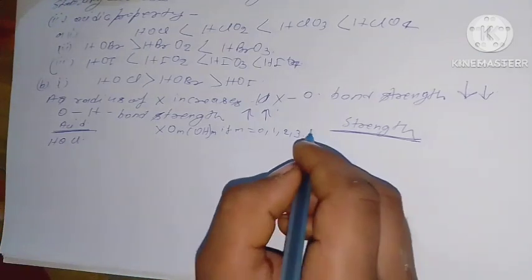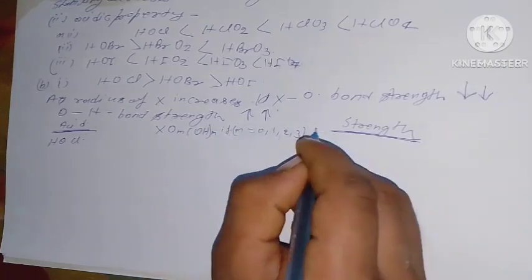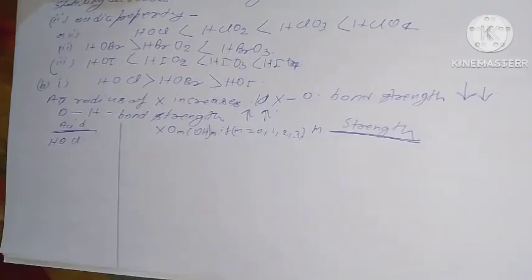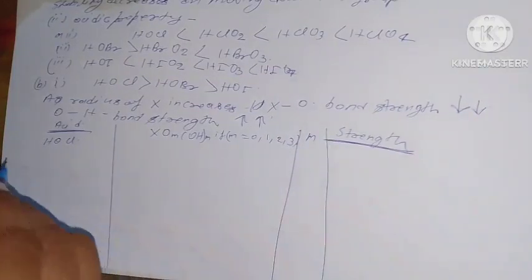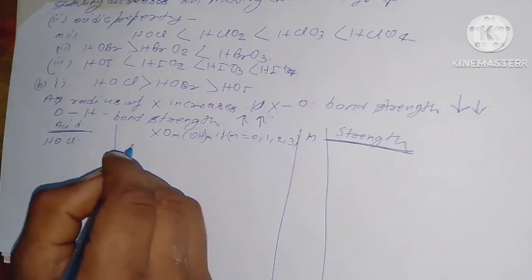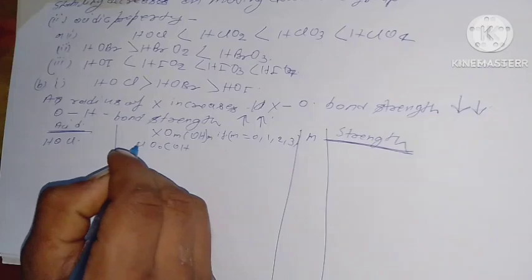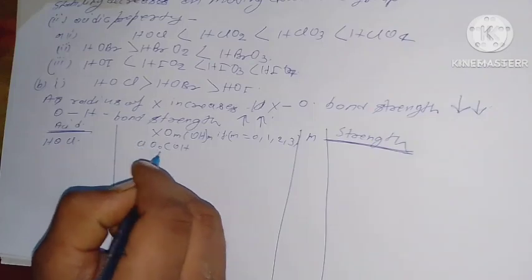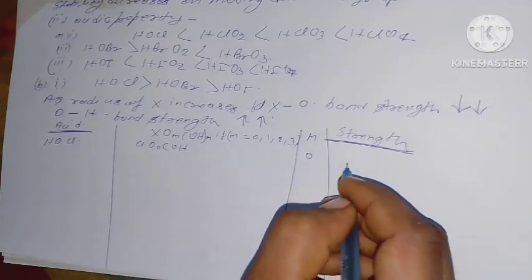Okay, the value of M, and this is M, and this is the strength. HOCl, that is ClO0OH. M is 0, very weak.